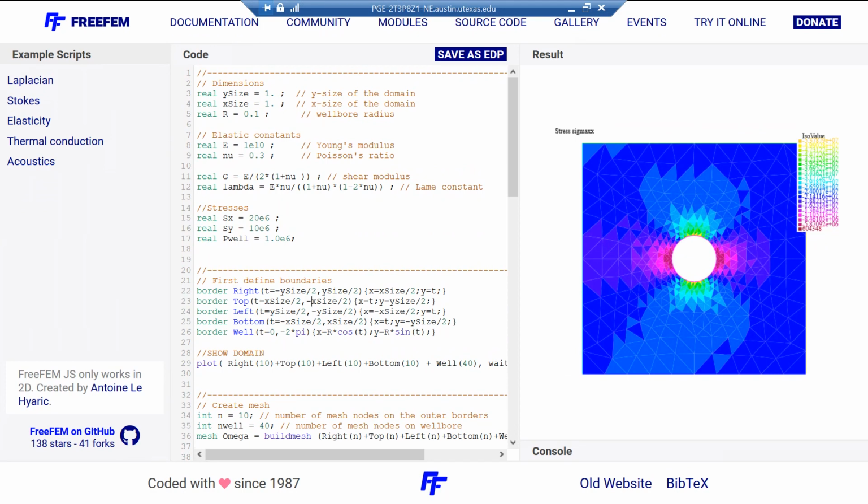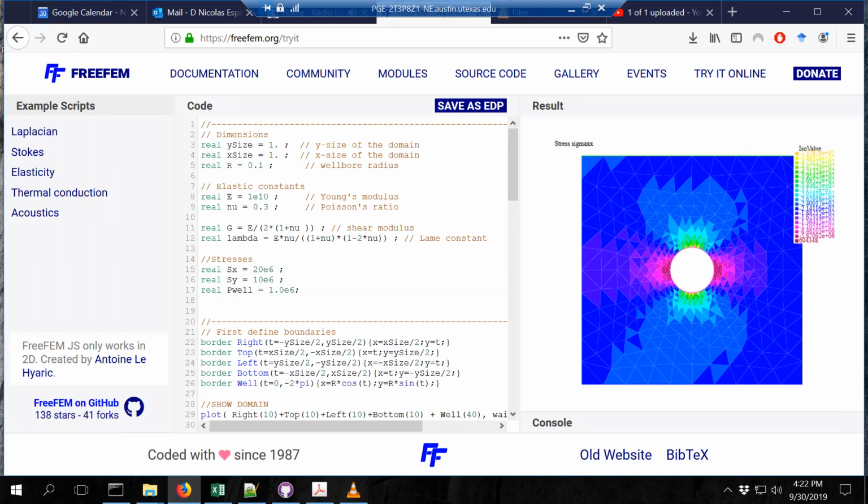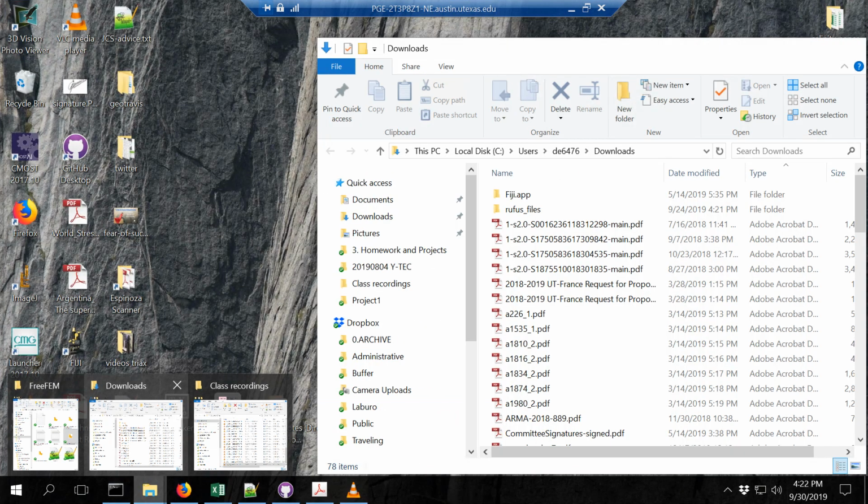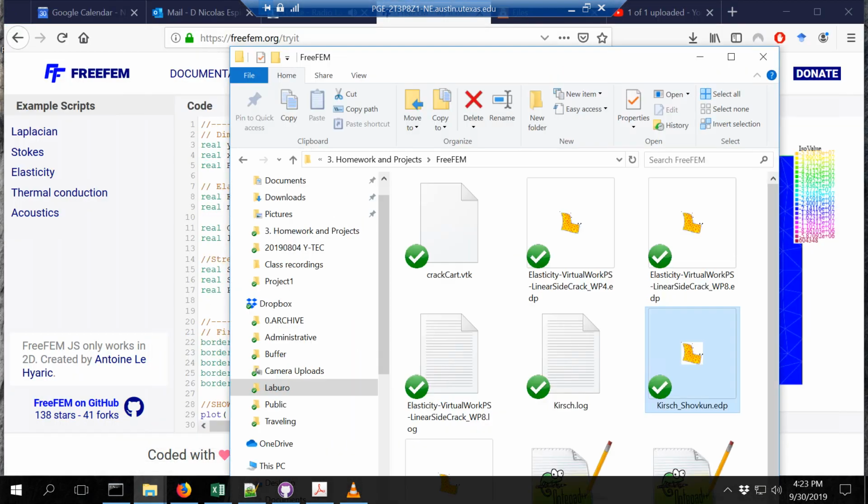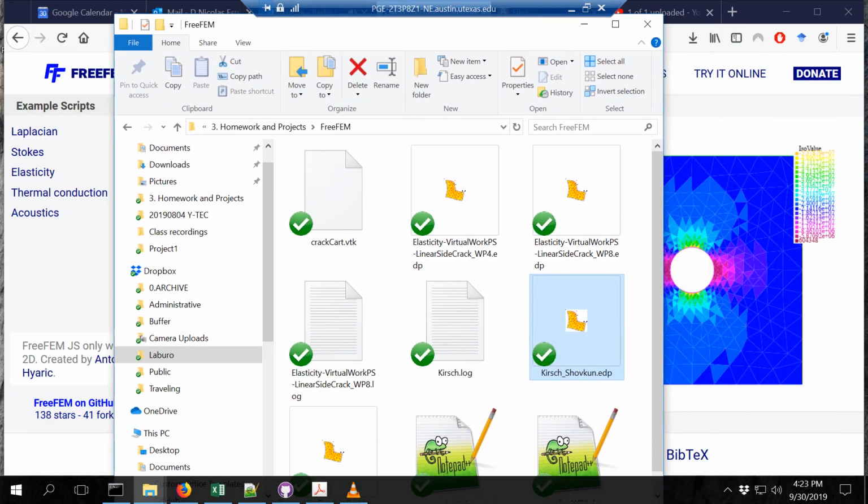And then you can run it, guys, online or directly in the actual software. Once you save the file, what you're going to have to do is, for example, let me see. I have it here. This is the script I'm going to run, Kirsch, and I have it in this address.